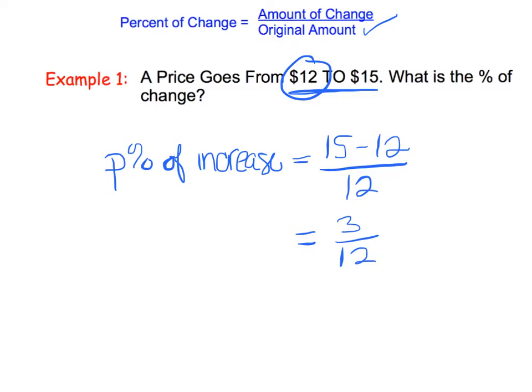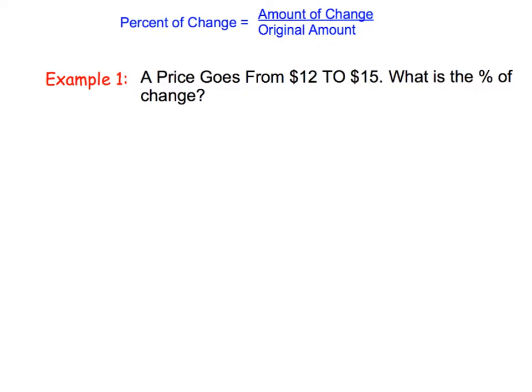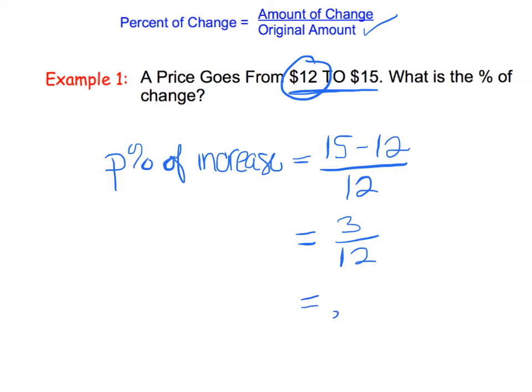And then you can use a calculator if you want, and you'll get a decimal. That decimal is 0.25. But because we want the percent of increase, I'm going to multiply it by 100. So our true percent increase for this example is 25%.